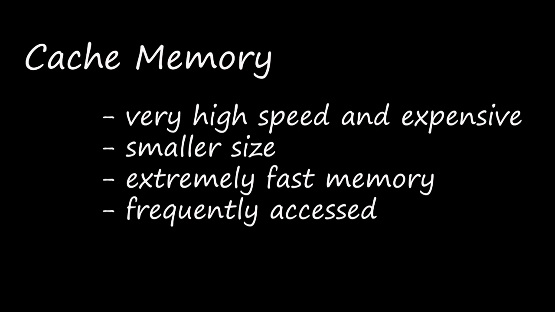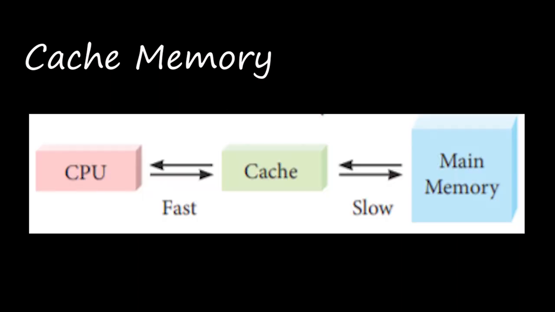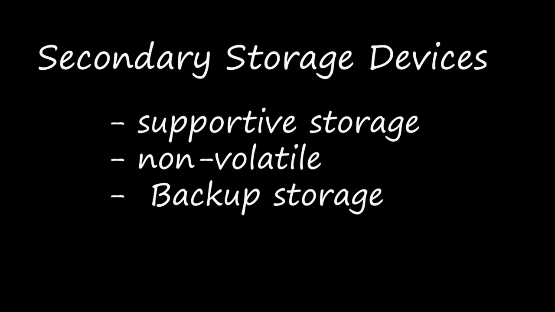In this diagram they have shown the cache memory between the CPU and the main memory. When you see this diagram, you can understand that the read and write process, or fetching the data, between the CPU and cache will be fast, but with the main memory, it will be very slow.